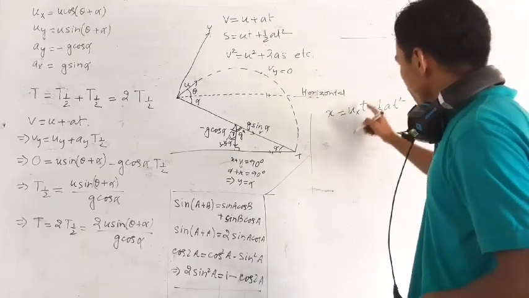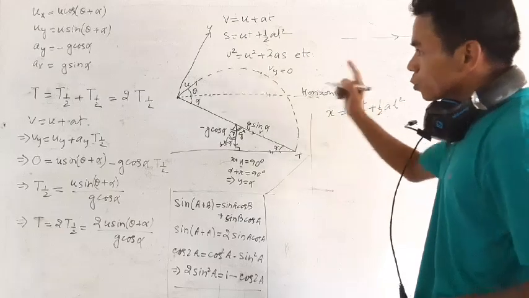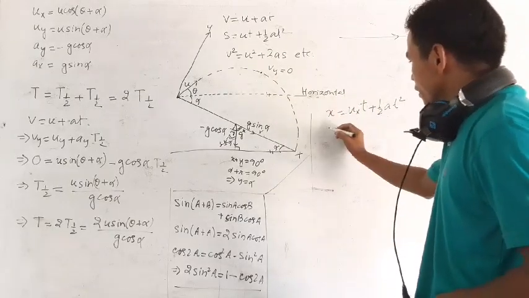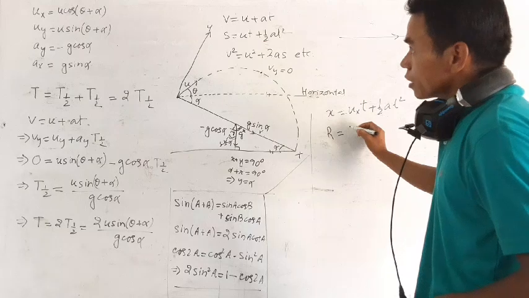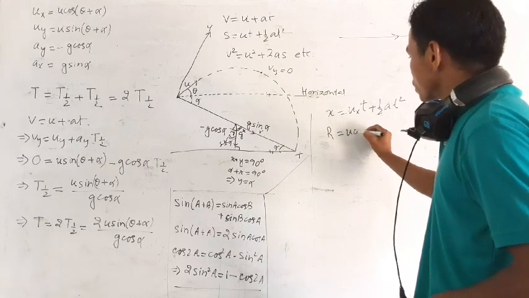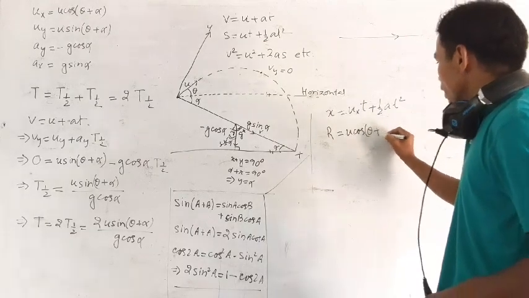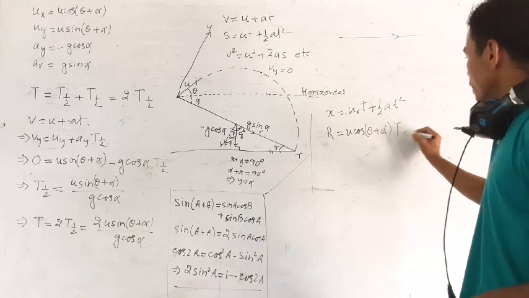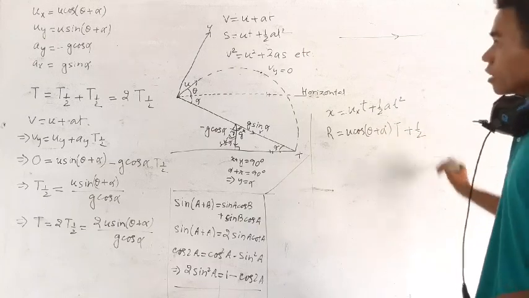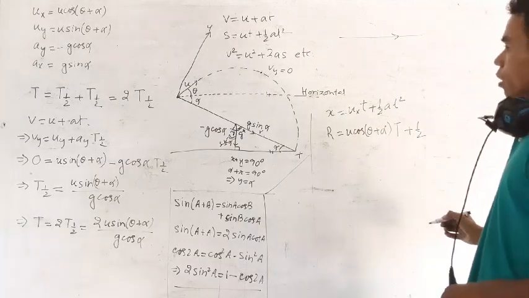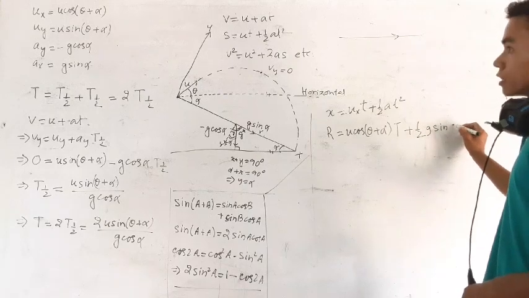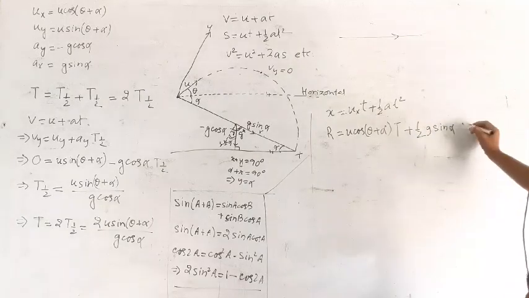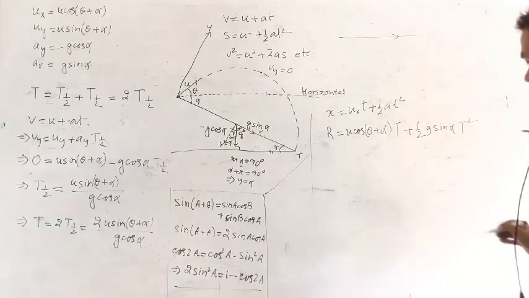For the range, the time taken should be the total time of flight. Therefore the range R is equal to u cos(θ + α) into capital T plus half of g sin α, since acceleration is along the x direction, into capital T squared.